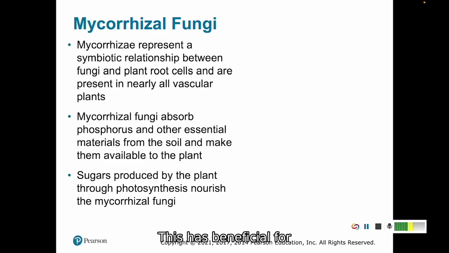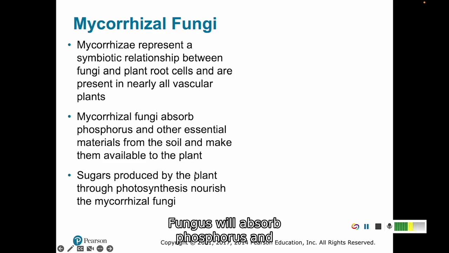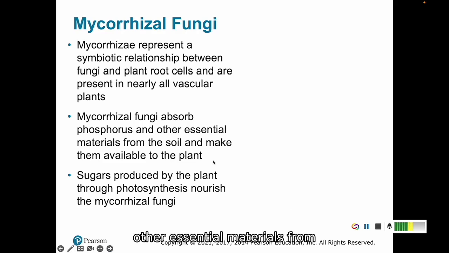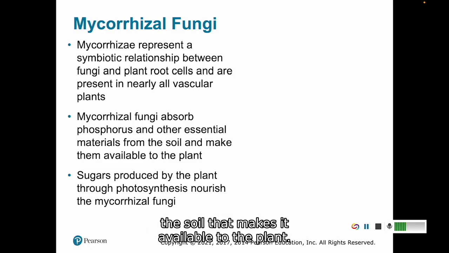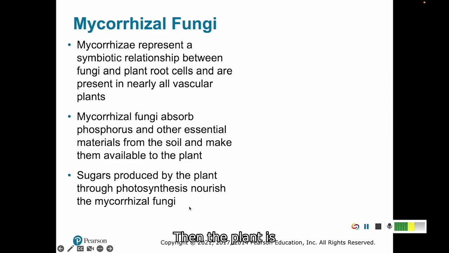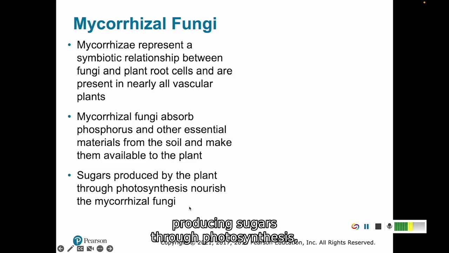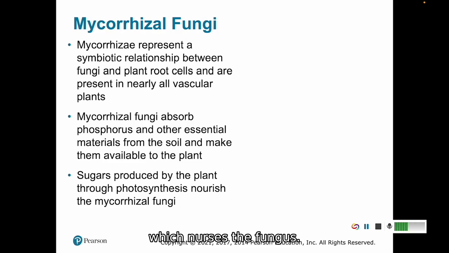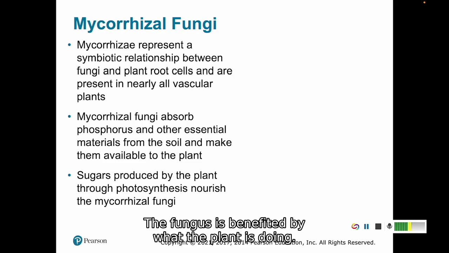And this is beneficial for both the fungus and for the plant. The fungus will absorb phosphorus and other essential materials from the soil and make it available to the plant. So the plant is benefiting from what the fungus is doing. Then the plant is producing sugars through photosynthesis, which nourishes the fungus. So the fungus is benefited by what the plant is doing.